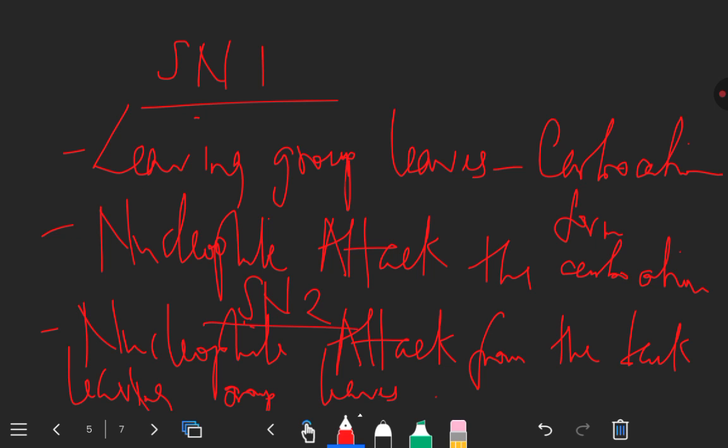So that is one thing we must understand about these two reactions. And I can give you an easy memory trick. For SN1 reaction, it is one molecule in the rate law. There is a carbocation intermediate formed, and it involves two steps. But for SN2, it is two molecules in the rate law. For SN2, the rate is equal to the constant multiplied by the concentration of the substrate multiplied by the concentration of the nucleophile.